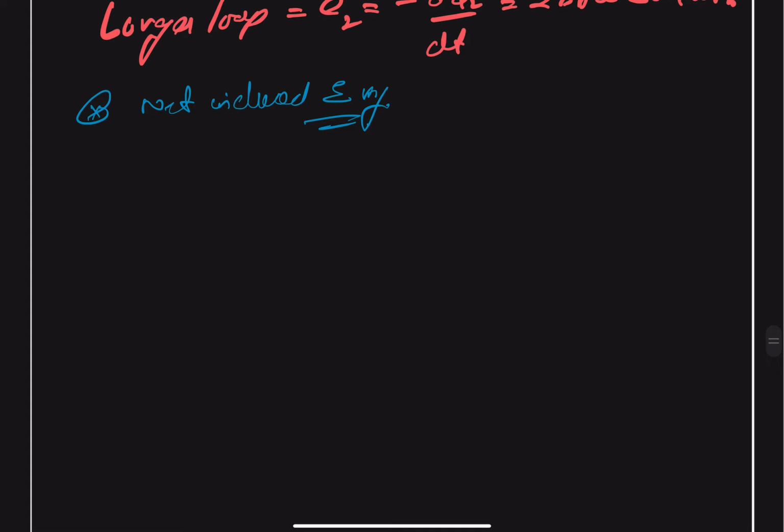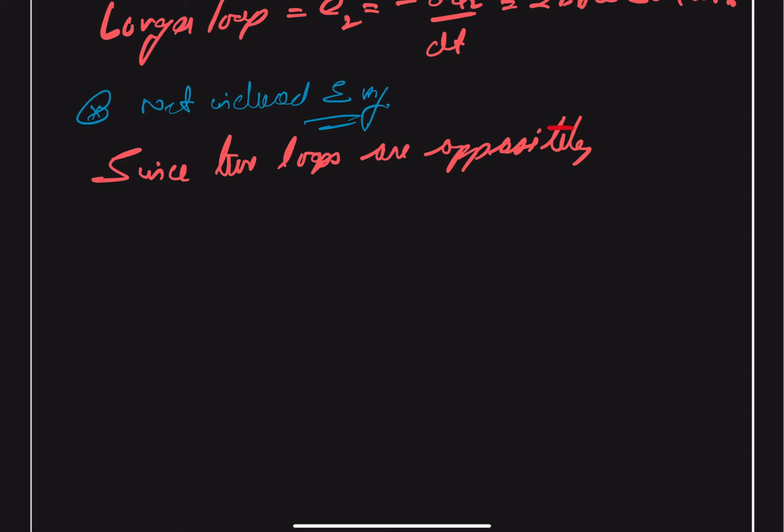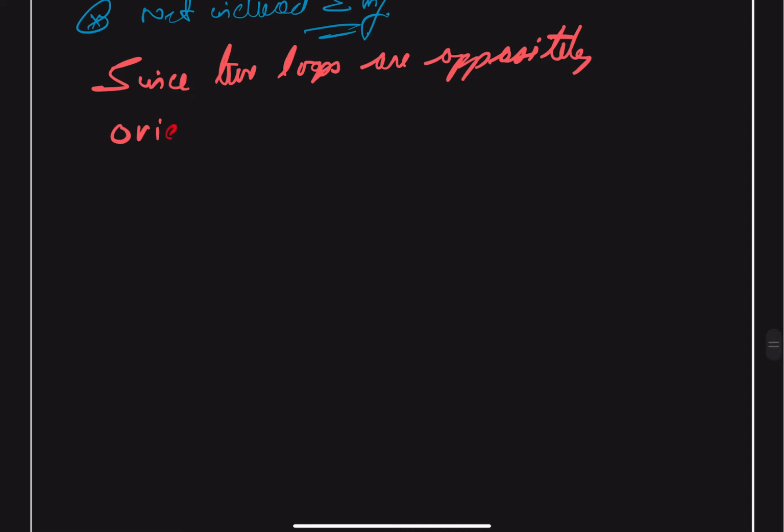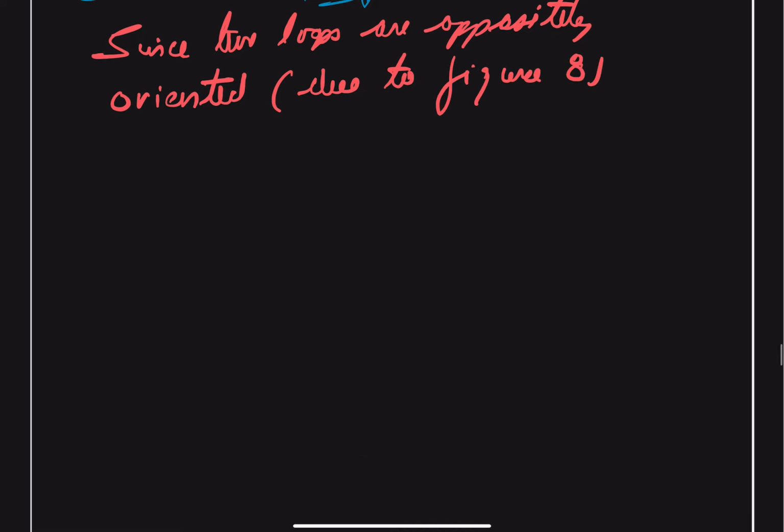Therefore, we can say that since two loops are oppositely oriented, due to figure 8, their EMFs will subtract.